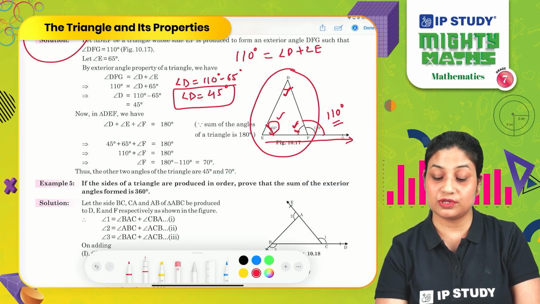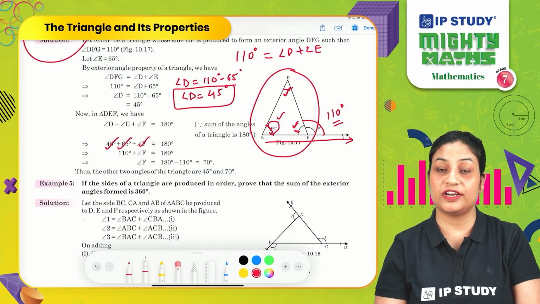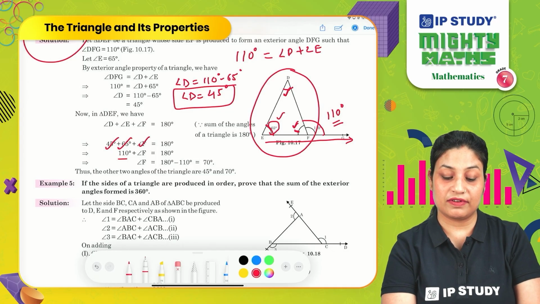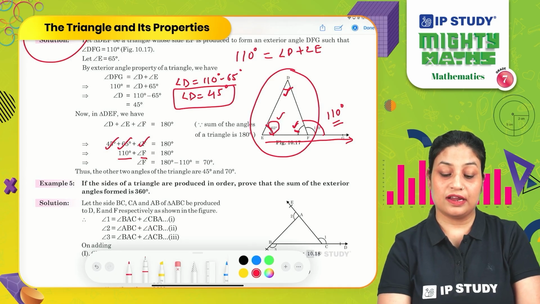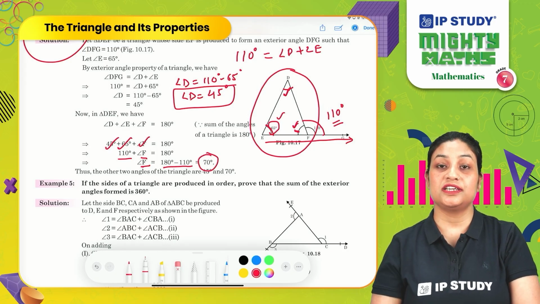Let me put the values. I will add 65 degrees, 45 degrees and angle F, and that will be equal to 180 degrees. On solving, 110 degrees plus angle F equals 180 degrees, so angle F will be 180 degrees minus 110 degrees. That comes out to be 70 degrees.